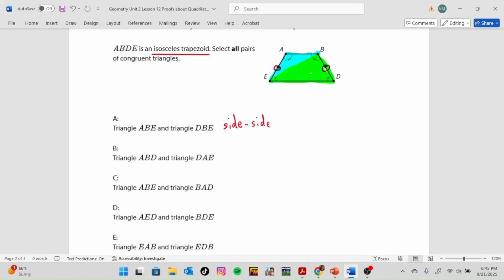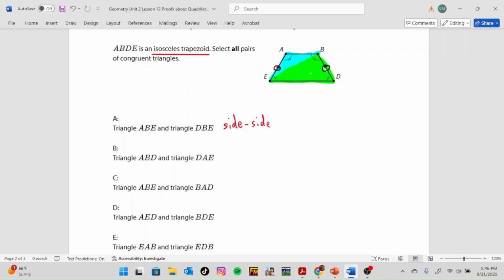However, AB is not congruent to ED, so we don't have the other side. And we do not have the angles that are in between the sides. Angle AEB is not congruent to angle DBE.